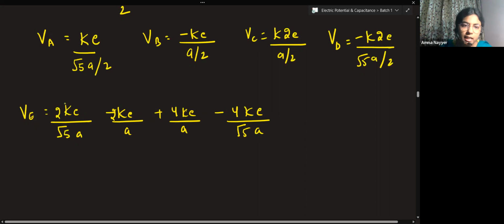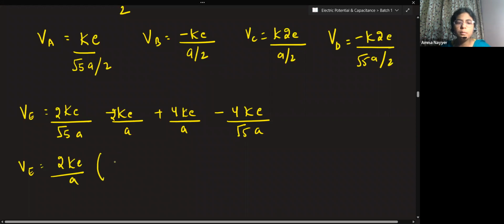So you can take KE by A common from all of it. Or you can even take this 2 common. 2KE by A can be taken as common.